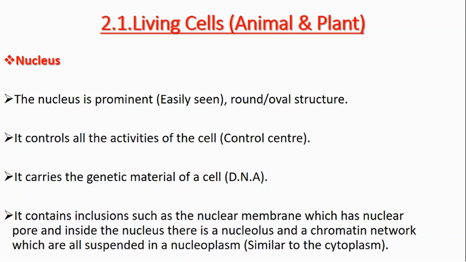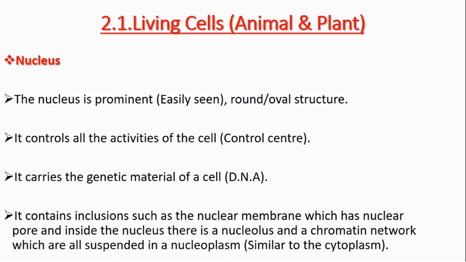And also another thing controlled by the nucleus is metabolism, because we said metabolism happens inside the cytoplasm, but now we are saying that the nucleus controls all of these activities. So whether it's diffusion, osmosis, active transport, or metabolism, it is all controlled by the nucleus. The nucleus also carries genetic material of the cell.